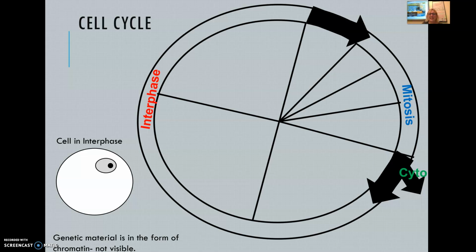And remember that DNA is kept as chromatin inside the nucleus. And then the darker circle inside there is the nucleolus. And you might remember that the nucleolus is where ribosomes are actually produced. And ribosomes are involved with making protein.